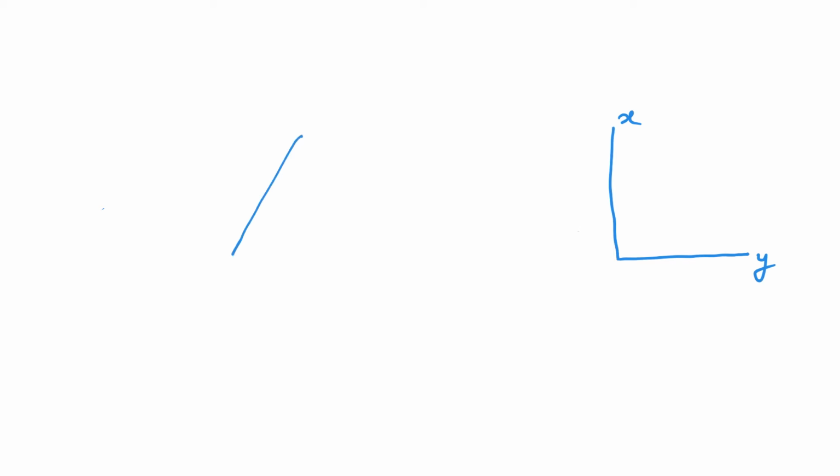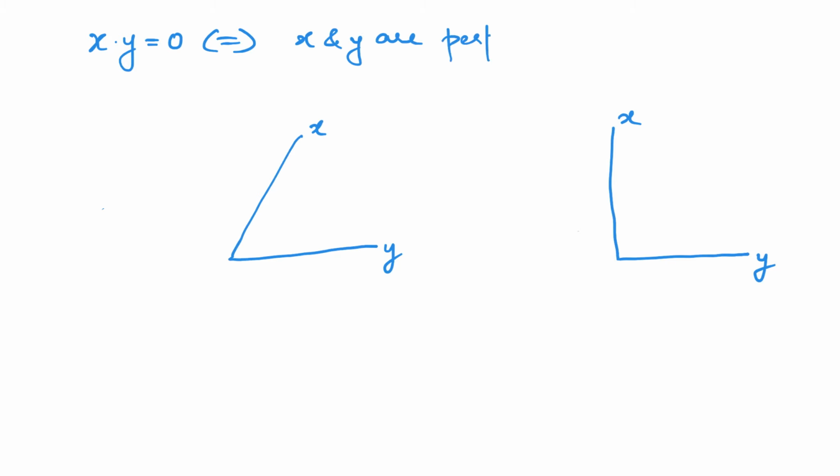Further notice that if x and y are perpendicular, then the projection of x onto y is 0. On the other hand, if they are not perpendicular, this is not the case. So to show the relationship, we need to show that x dot y is 0 if and only if x and y are perpendicular.